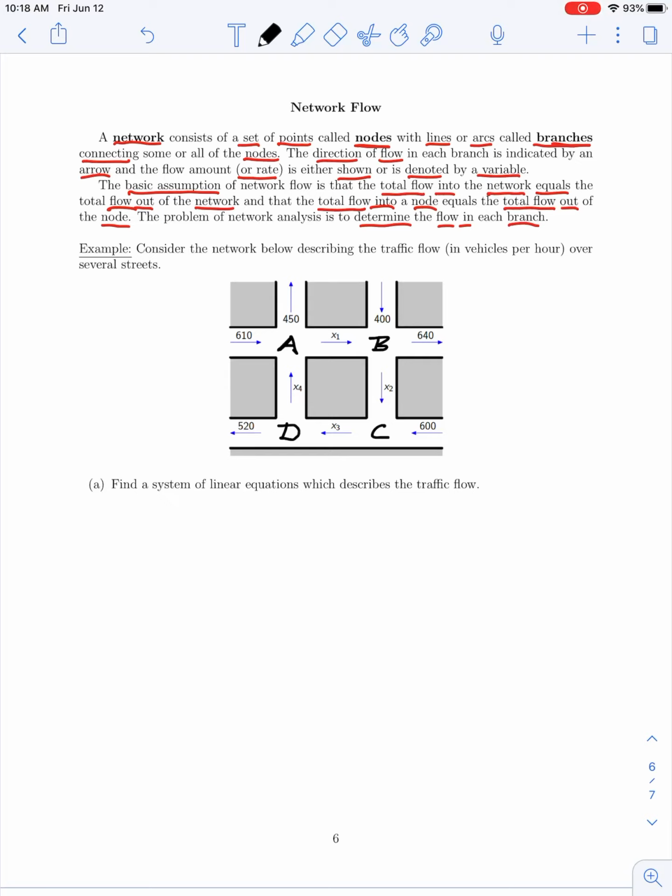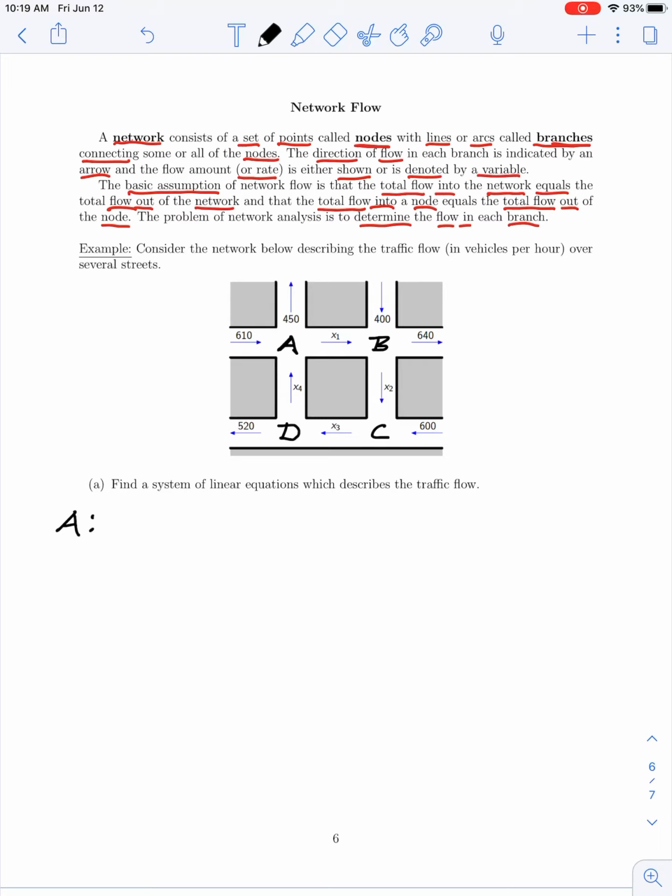And from our diagram, we're given information about the traffic flow into and out of each of these intersections or nodes. So we know the basic assumption for these network flow problems is that the rate of flow in has to match the rate of flow out. So let's look at the rate of traffic flow into and out of each intersection or node.